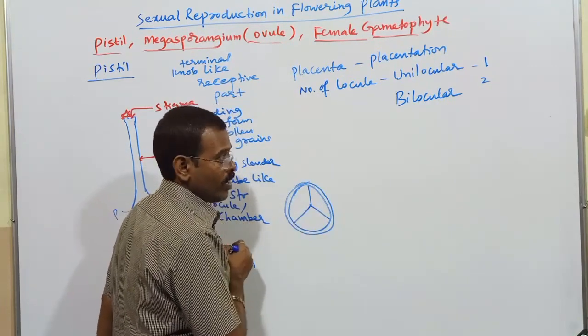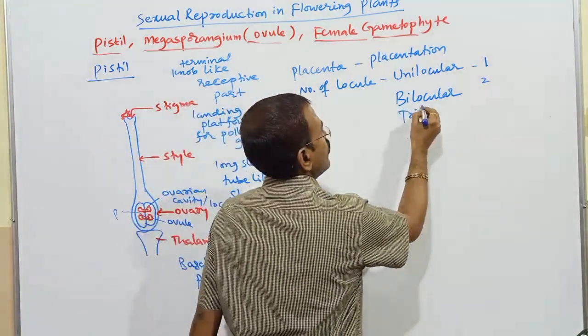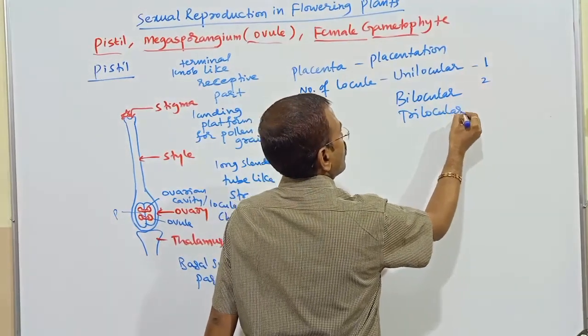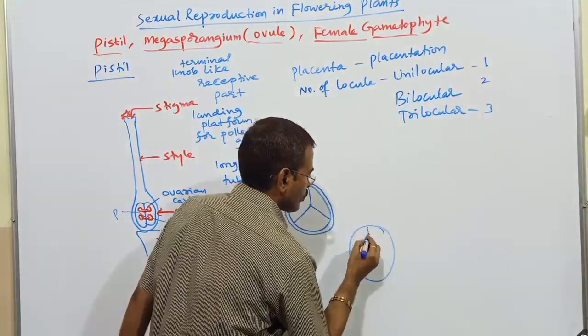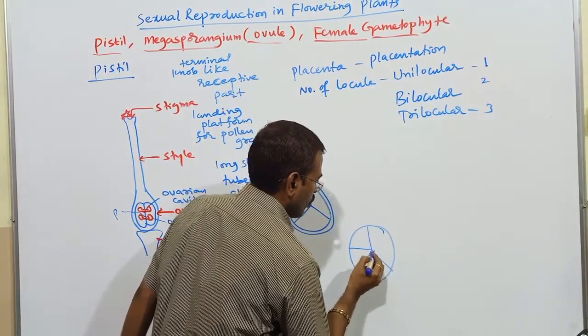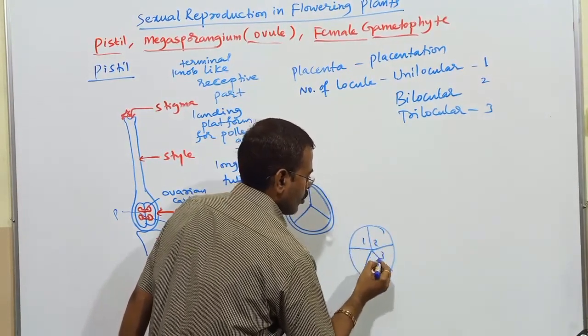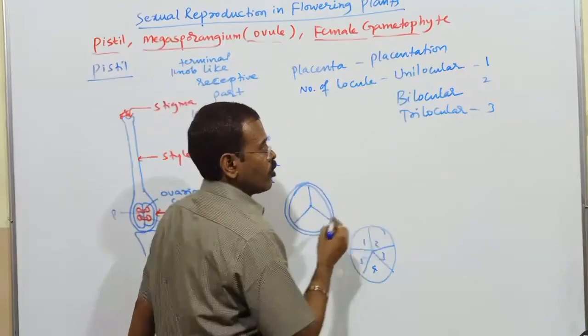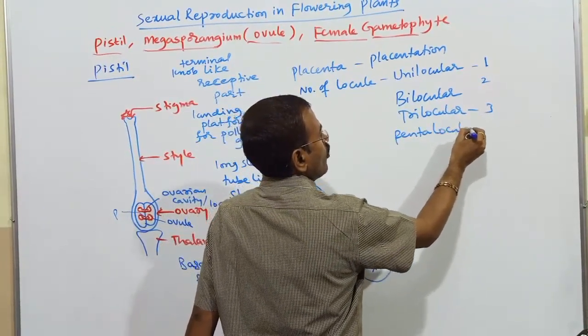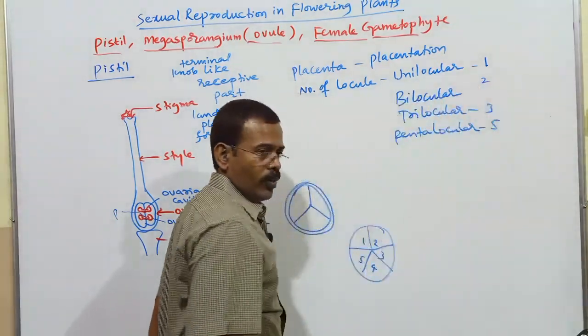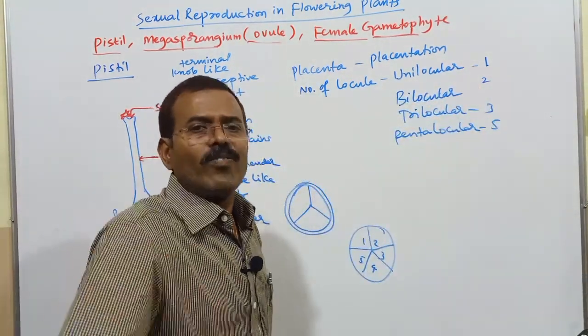See, 3 chambers are there, trilocular. In some cases, five locules, pentalocular. Sometimes more than 5 are there.